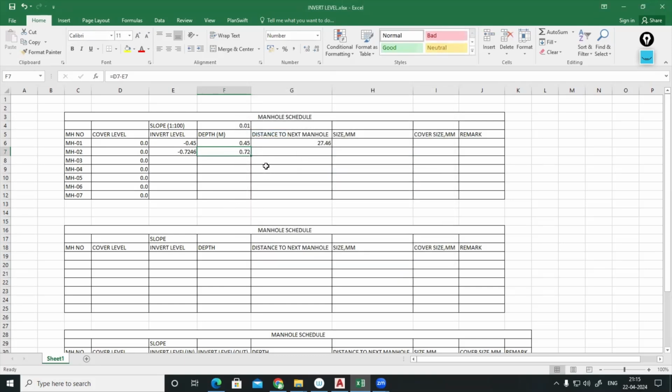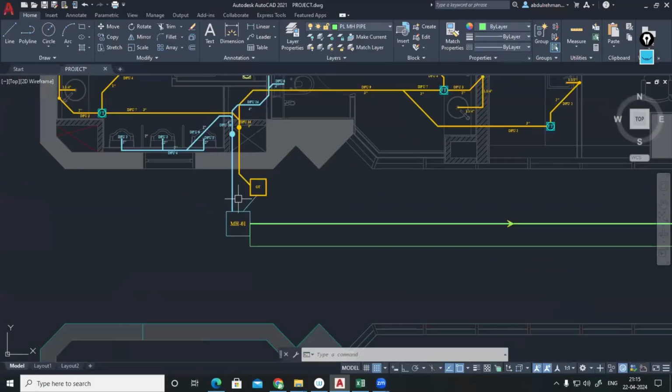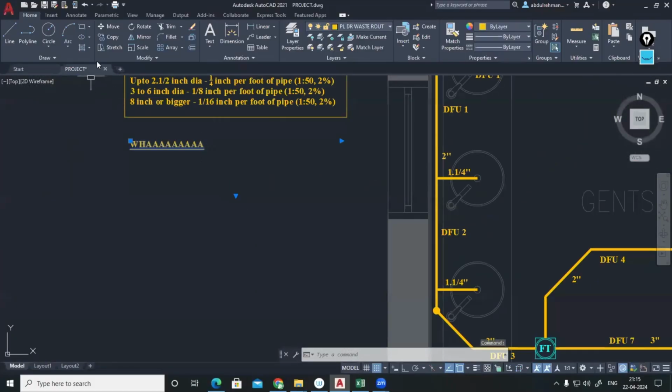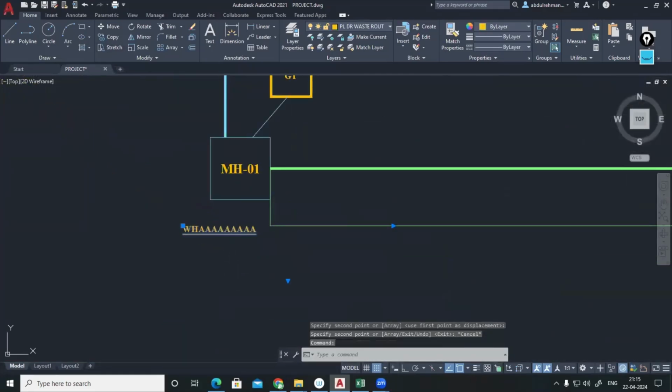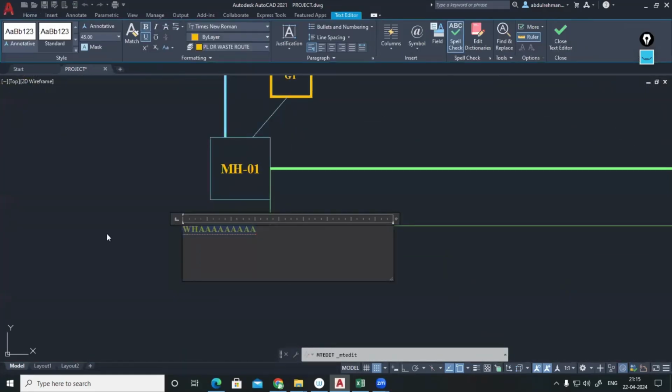Correct. So starting manhole, let me mark it. Starting manhole, I'll be marking my cover level. Manhole number 1. Cover level is where the manhole is coming. Cover level 0, 0.